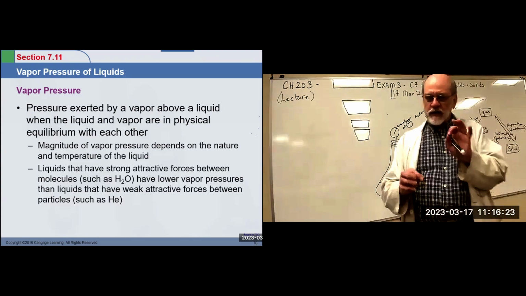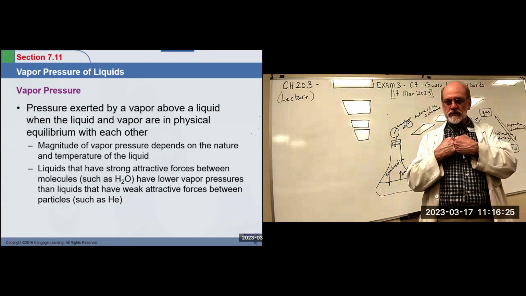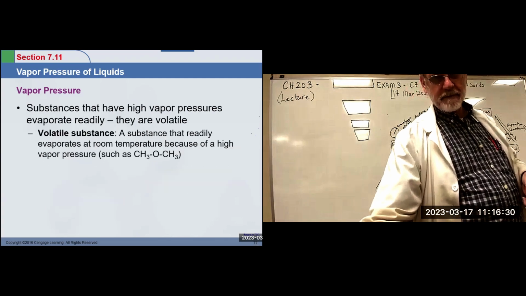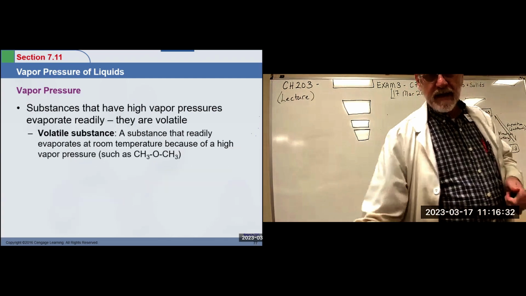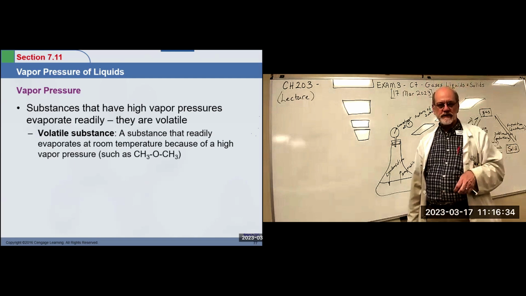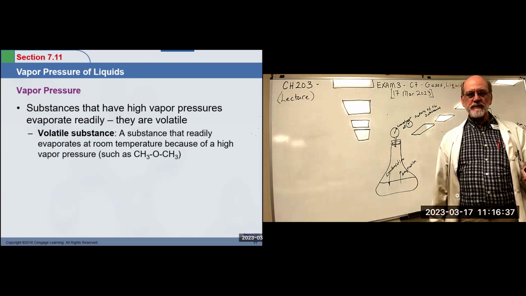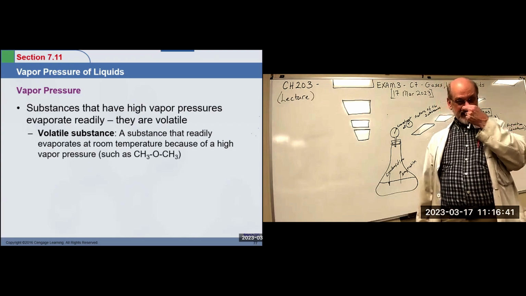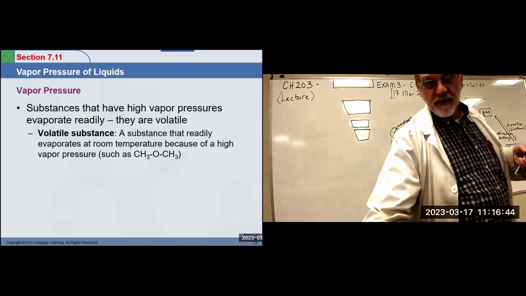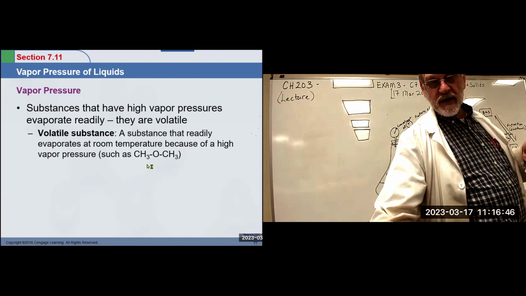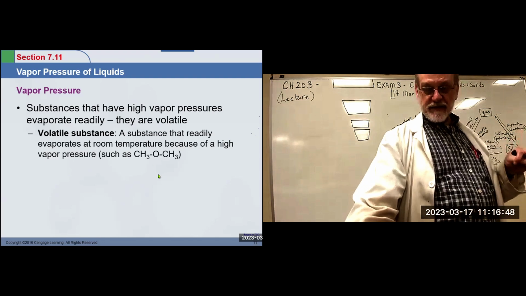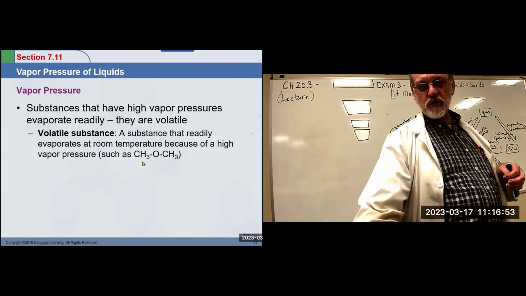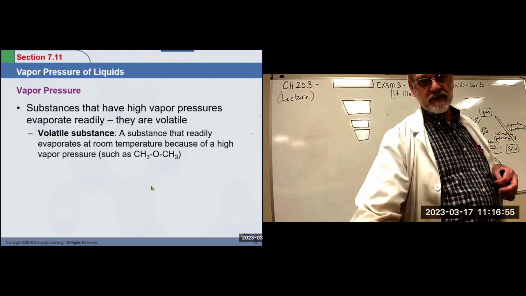So the weaker the cohesive forces between the molecules, the higher the vapor pressure. Sometimes we refer to these as volatile substances, those that produce relatively high vapor pressures for a given temperature. And here the example is this molecule right here is dimethyl ether. Anytime you have an oxygen in the middle and two groups on the outside, that is an ether.